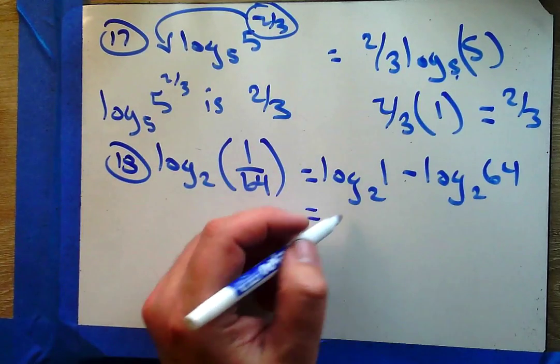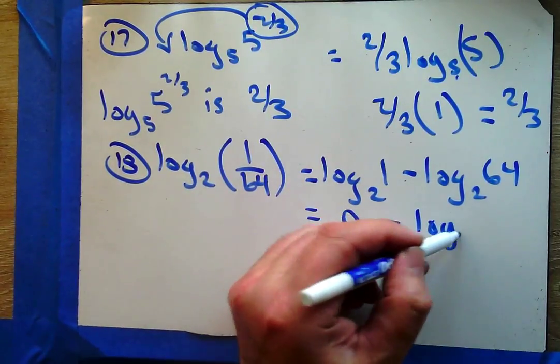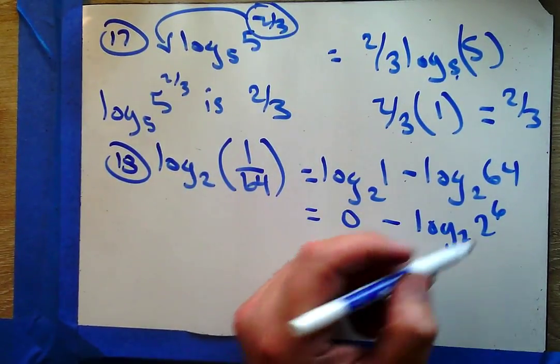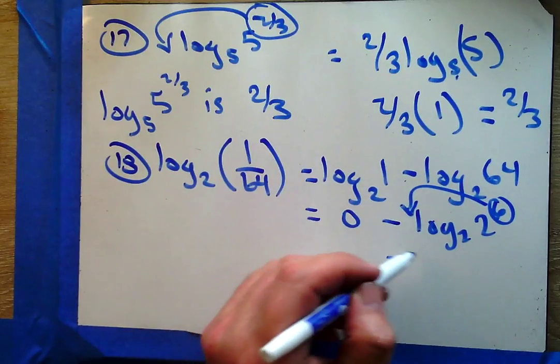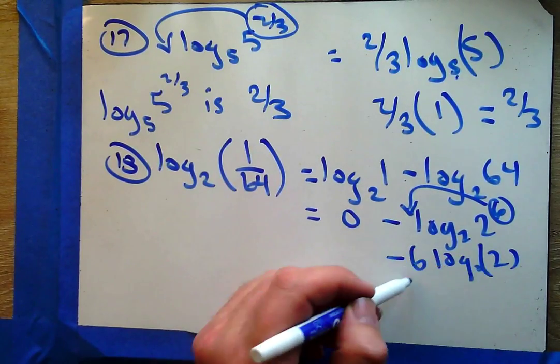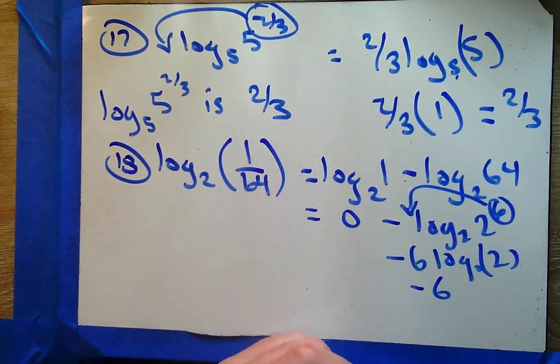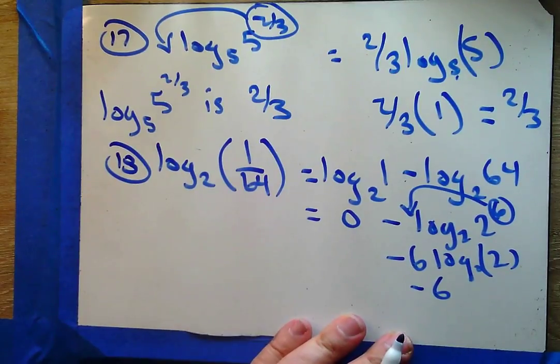And then I could simplify here and say log base 2 of 1 is 0, minus log base 2 of 2 to the 6th. I could bring that 6 down in front to get log base 2 of 2. And then I say, oh, log base 2 of 2 is 1, and 1 times -6 is going to be -6. So that's one way to approach the problem.